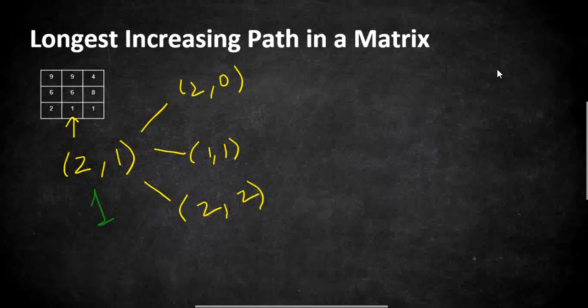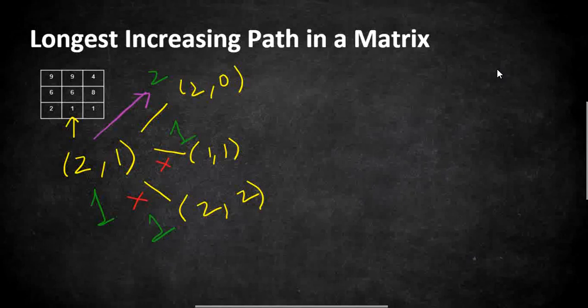Here we cannot move in the downward direction as we don't have any cells. The values of these cells are 2, 1 and 1. As these two cells do not have an increasing order and the first cell has the increasing order, that is 1 to 2, it is increasing. So we are going to explore further the first path alone.